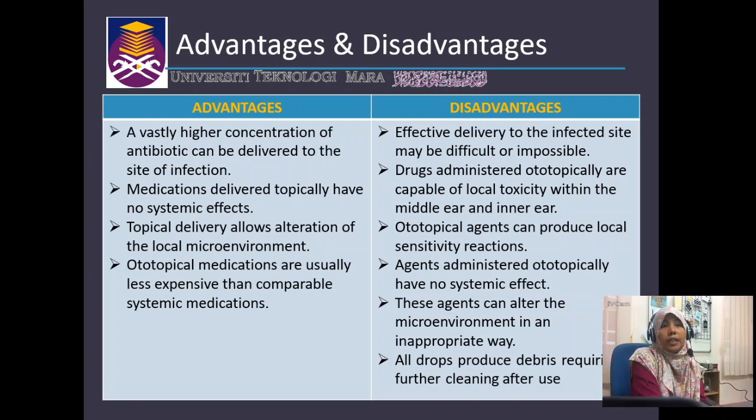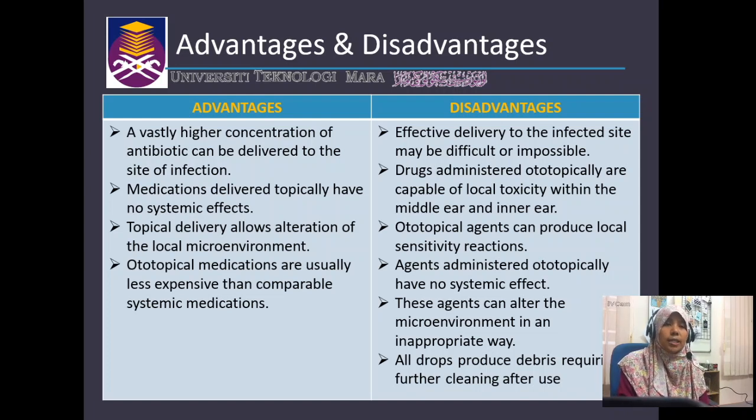However, the disadvantages. Effective delivery to the infected site may be difficult or impossible. Drugs administered ototopically are capable of local toxicity within the middle ear and inner ear, meaning they are capable of causing toxicity to your ear. Ototopical agents can also produce local sensitivity reactions, like in the case of acetic acid.